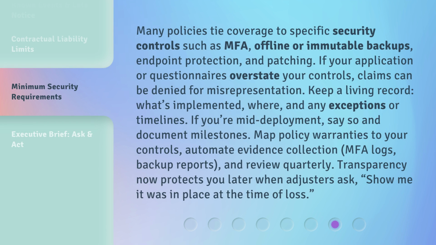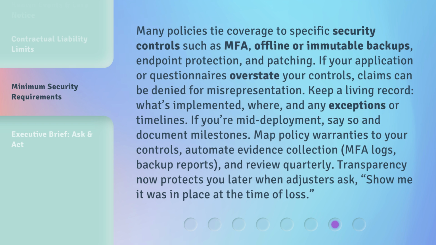Many policies tie coverage to specific security controls such as MFA, offline or immutable backups, endpoint protection, and patching. If your application or questionnaires overstate your controls, claims can be denied for misrepresentation. Keep a living record, what's implemented, where, and any exceptions or timelines.